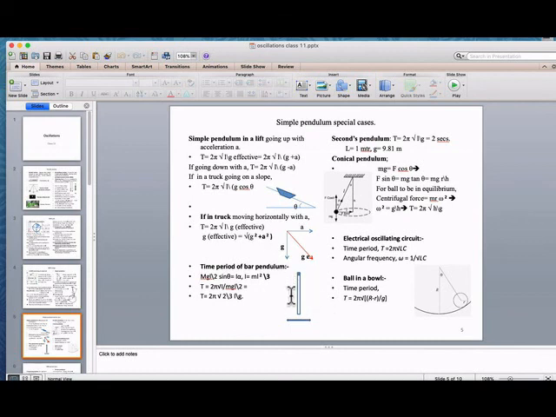So let us take the time period of a bar pendulum. If I give a small theta and leave it, it will do oscillations about this support. At which point is mg? At L by 2. So mg into L by 2 into sin theta is the torque, which is equal to I alpha.